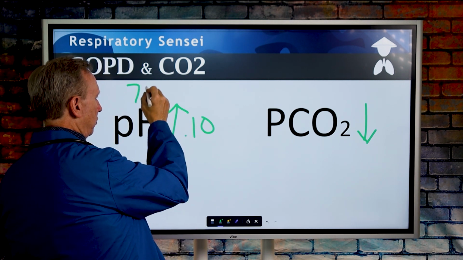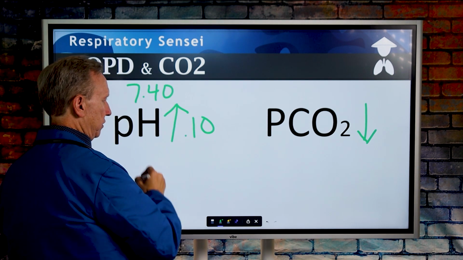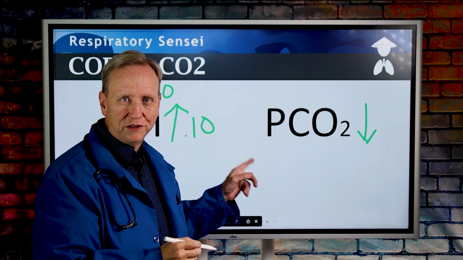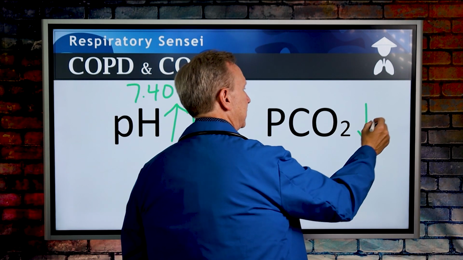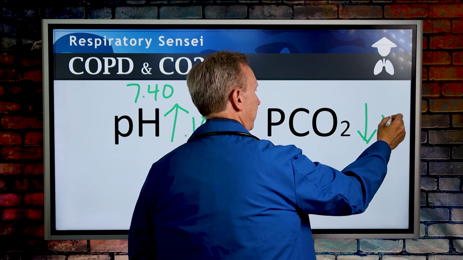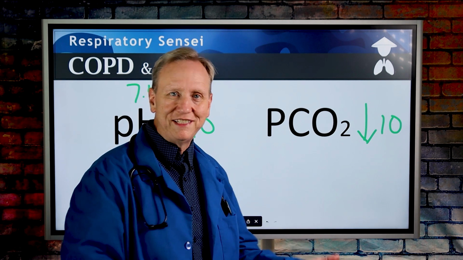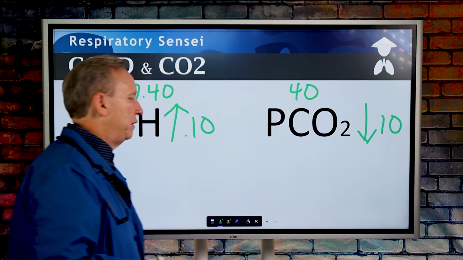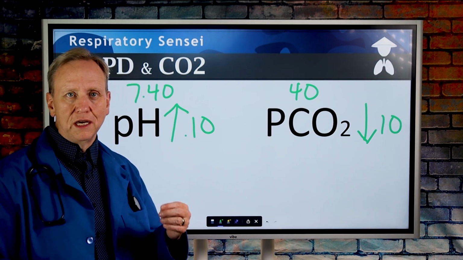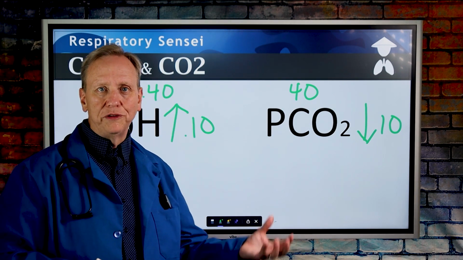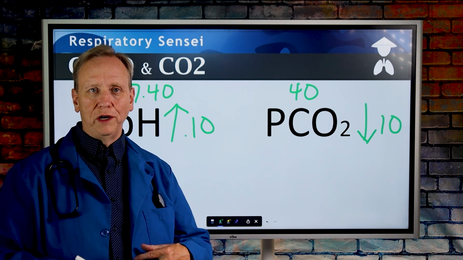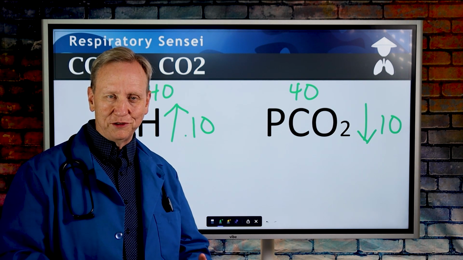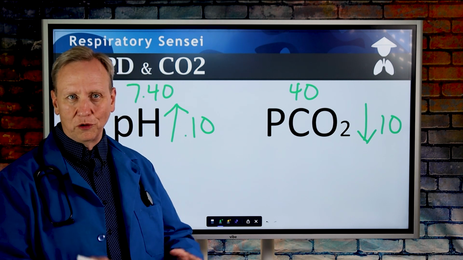Keep in mind that normal pH is about 7.40. Then if this goes up by 0.10, CO2 is going to go down by about the same amount, except it's going to go down by 10. Remember, normal CO2 is about 40. Because of that, we can take somebody's pH and figure out what their CO2 normally is whenever they're not sick. Of course, COPD patients always have an elevated CO2. The question is, where do they normally live?